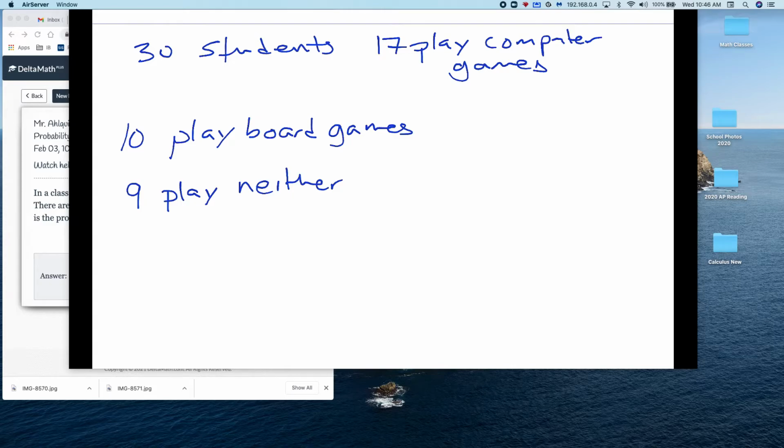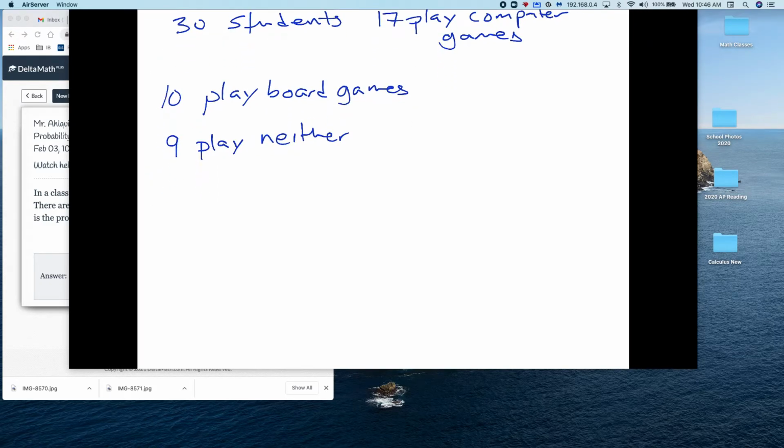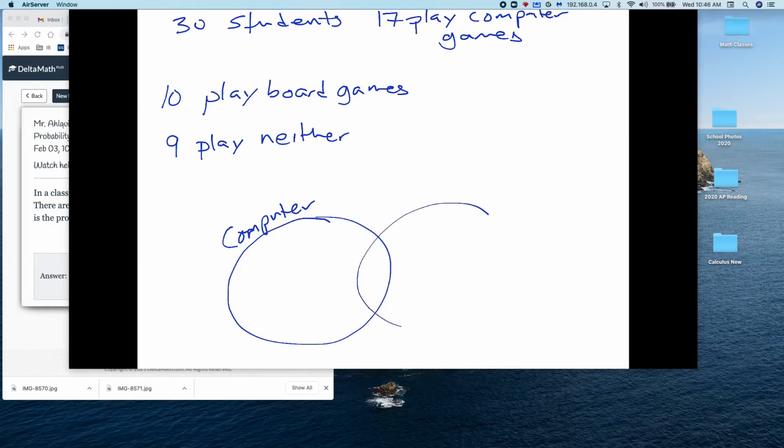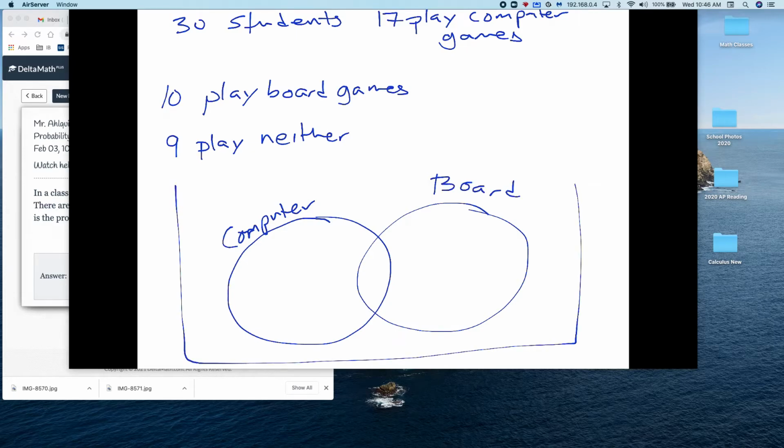So if I think about what's happening, I got a circle that represents computer games. Let me write that a little bit better for you. I got a circle that represents board games. And overall, I got this situation here that represents all the students.